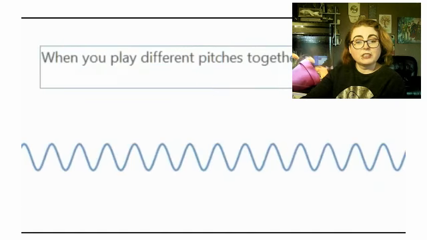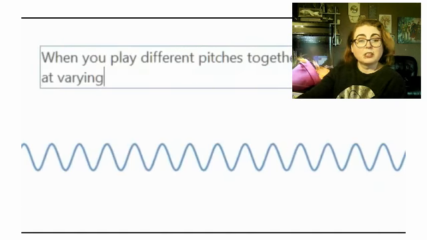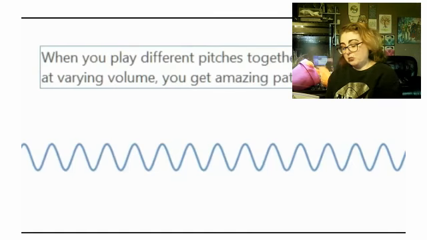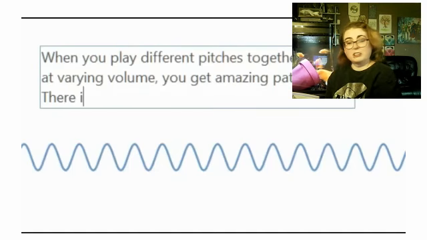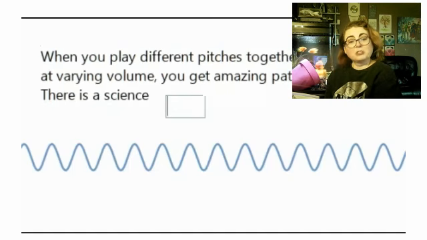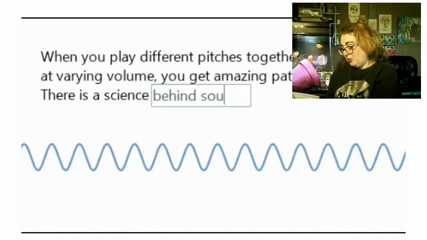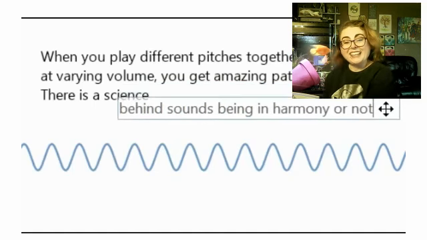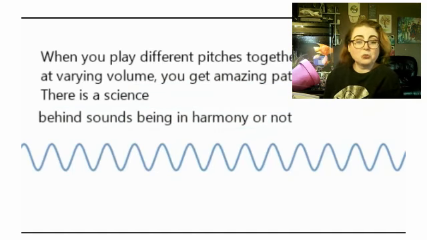So then if we start to mix sounds, you get all sorts of nice patterns, and there's a science behind whether sounds sound happy or sad or harmonious or dreadful. And I don't know the science.